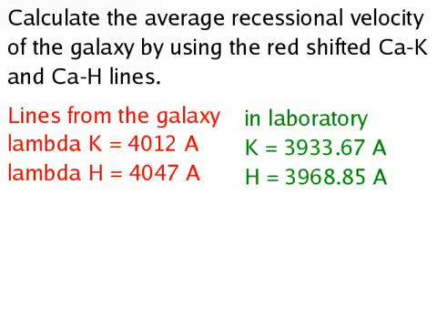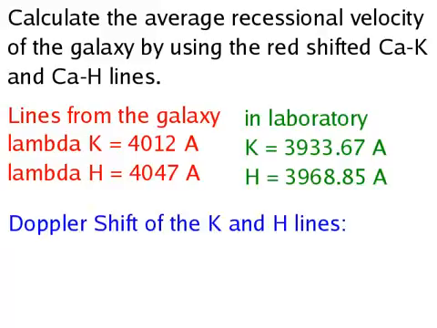The Doppler shift of the K and H lines is essentially just the difference. So we just subtract the two, and that is delta lambda. So delta lambda K is equal to, and it's always the shifted minus the laboratory line.